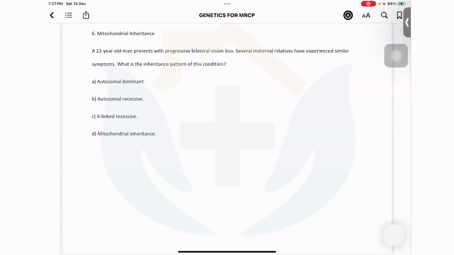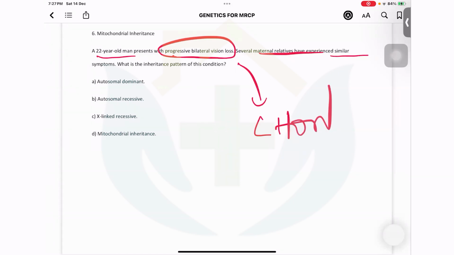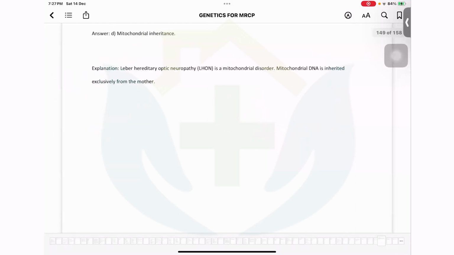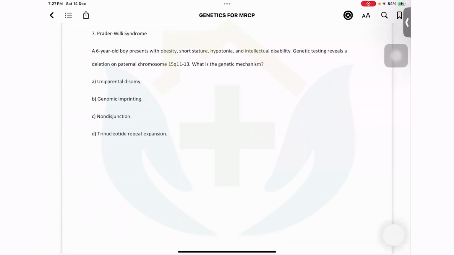Mitochondrial inheritance. 22-year-old man, progressive vision loss. What is LHON? Several maternal relatives, same. What is the inheritance pattern? Mitochondrial. Okay. Prader-Willi, 6-year-old boy presenting with obesity, short stature, hypotonia, intellectual disability, paternal chromosome 15q11-13 deletion. What is the mechanism?